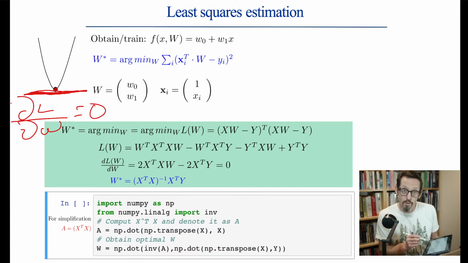Just a quick note to remind everybody, this is a term right here which is squared in W. Because this is W transpose W, so this is a W squared term in matrix land.